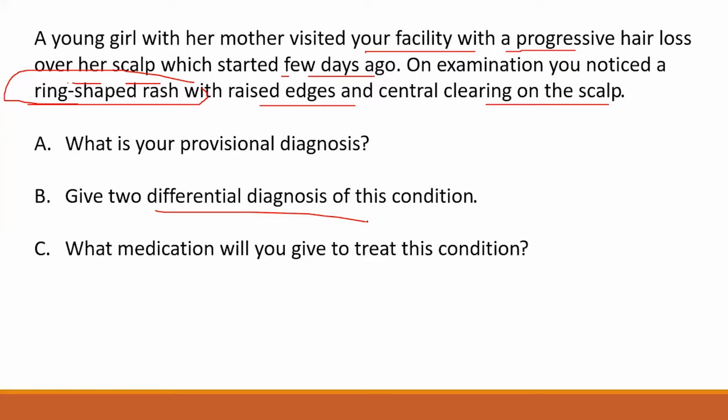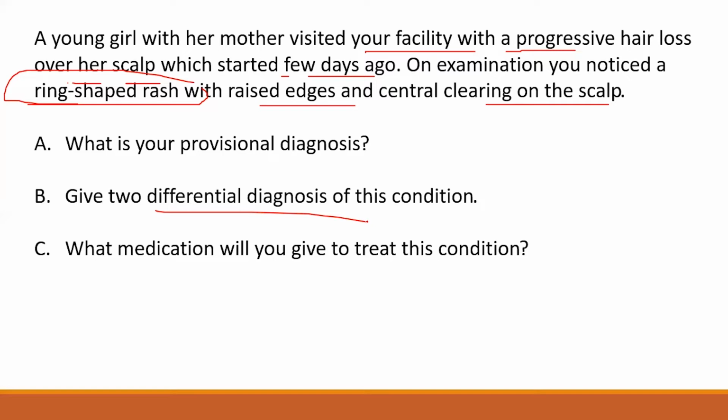Don't forget, this is more or less a fungal infection, isn't it? Ringworm is caused by a fungus. So definitely you're going to give oral antifungal drugs, like itraconazole, griseofulvin, and so on and so forth.